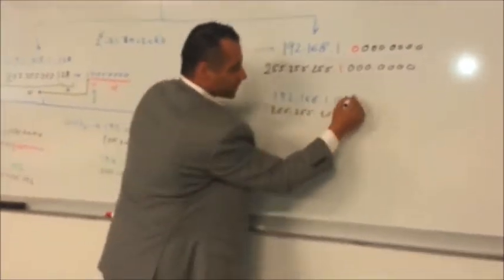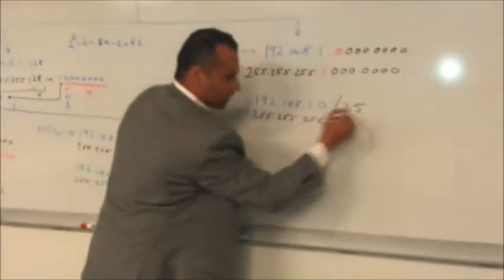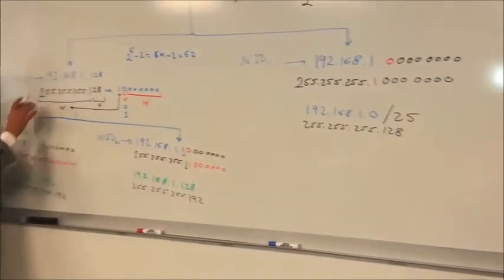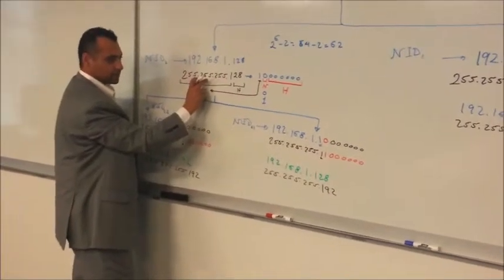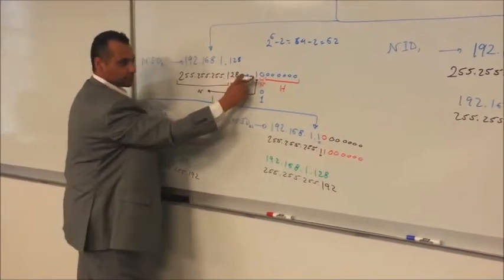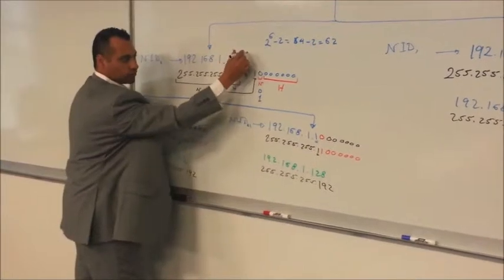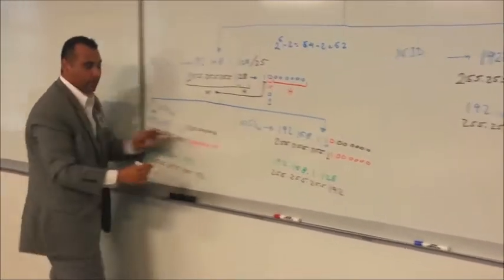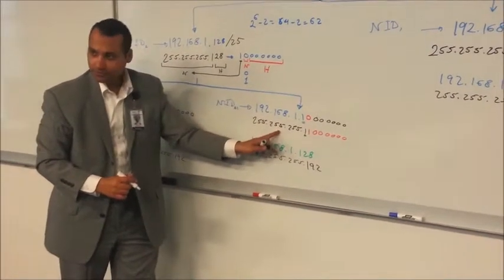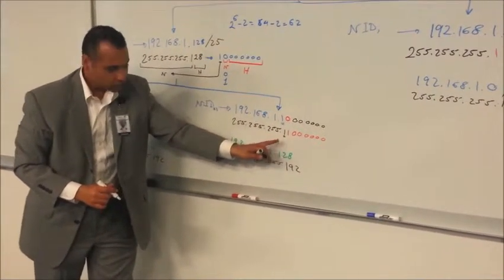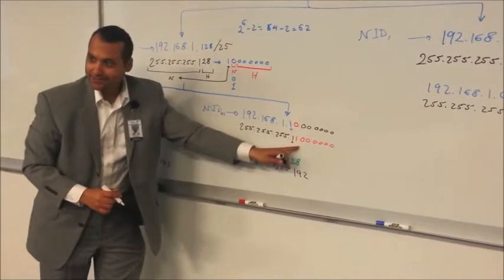So you can have slash 25 here. The same way here. If you want to do it with the old one, you do the same. So you count 8, 16, 24, 25. Very good. Now with the newer one, how many do I have? 8, 16, 24, 25, 26.